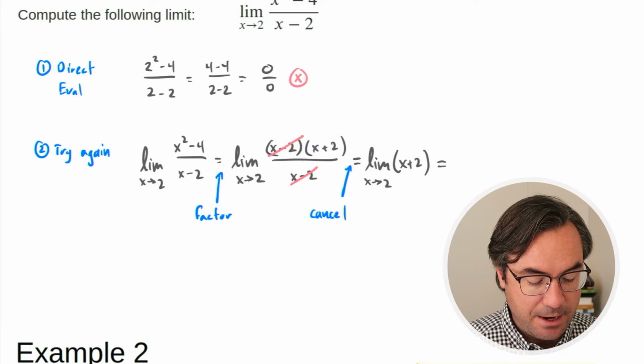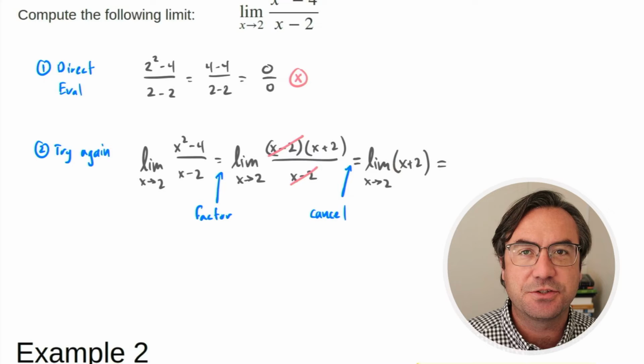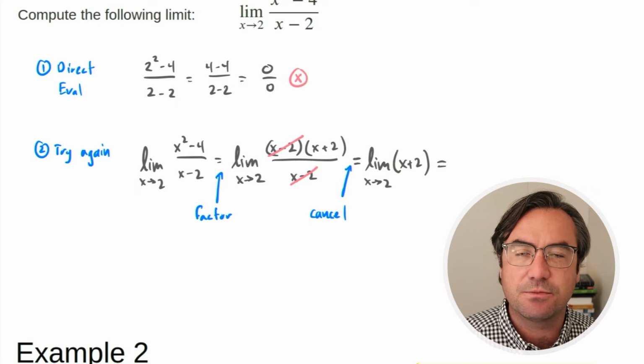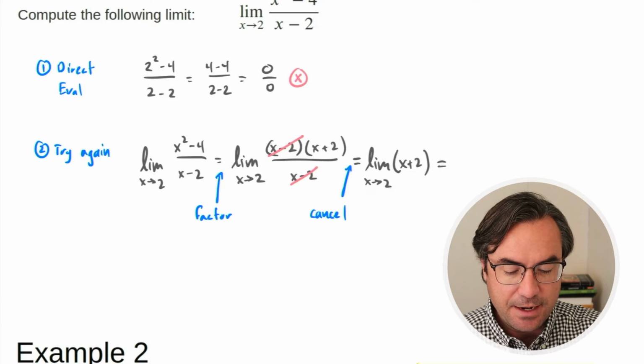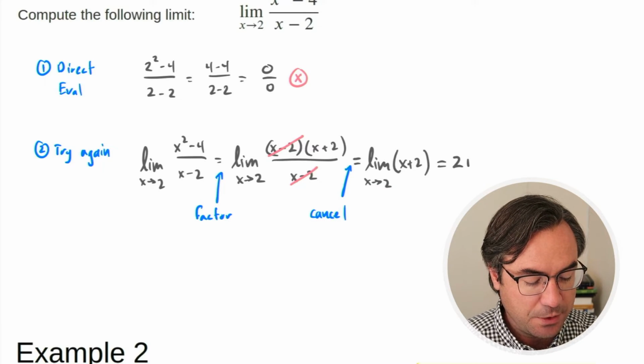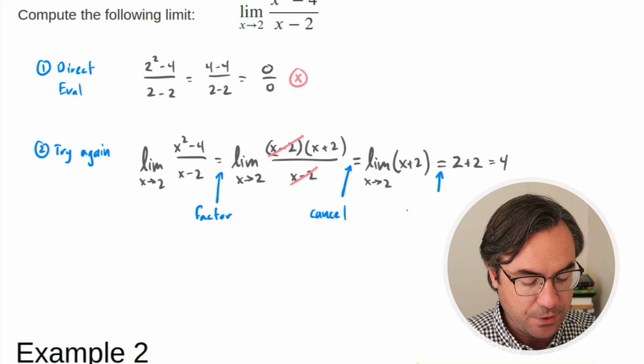So now we try direct evaluation again. If we get a number that makes sense, good, we're done. If we get another 0 over 0 or something else, then we deal with that. But we try direct evaluation again, and in this case we get 2 plus 2, which is 4. So we just do our direct evaluation.